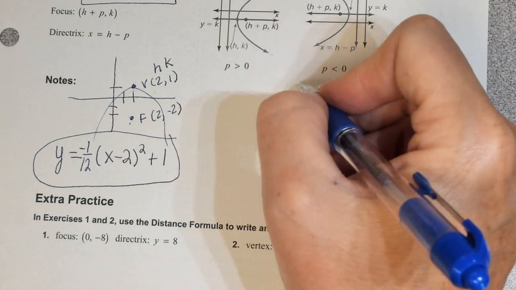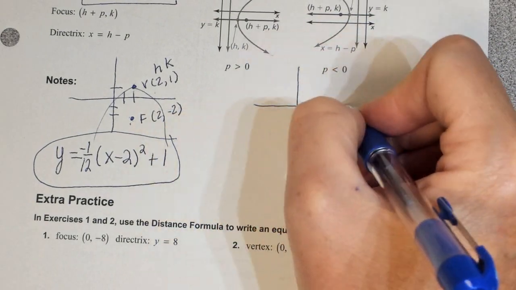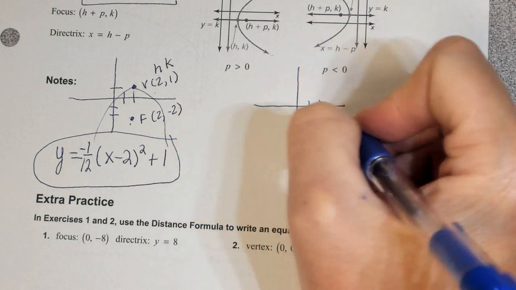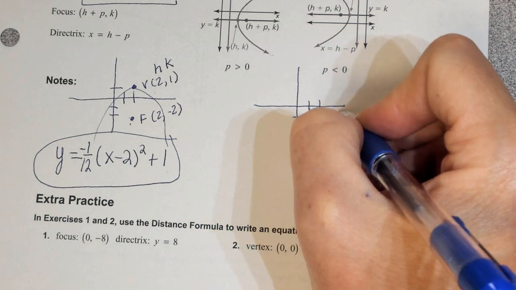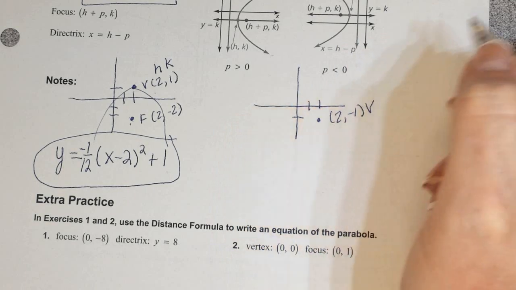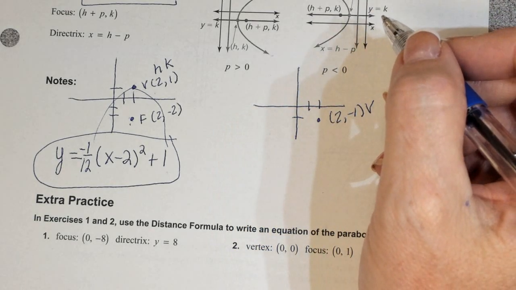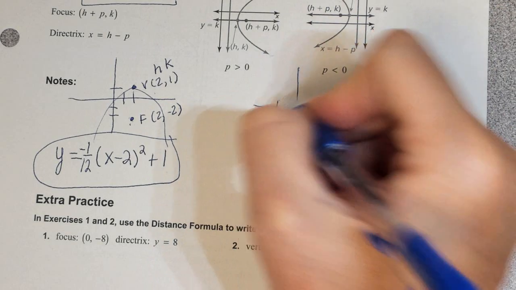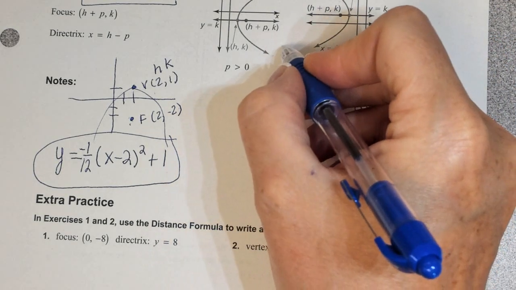All right, so I'm going to draw it as we go for this example. Okay, here's going to be our vertex. Let's put it down here at 2, negative 1 this time for the vertex. And I am going to put the directrix over here.